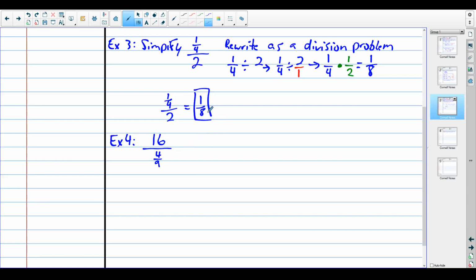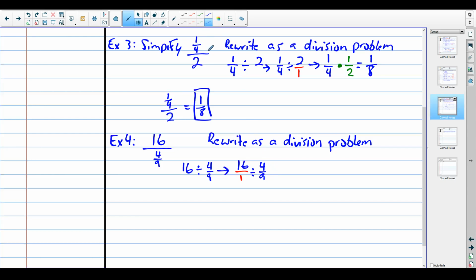Okay, so we rewrite it as a division problem. So we're going to say this 16 comes first, divided by 4/9. And then we go through the same steps. We make this into a fraction. So we're going to end up with 16 over 1 divided by 4/9.